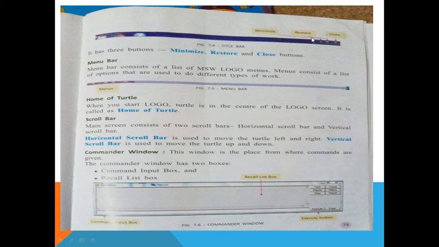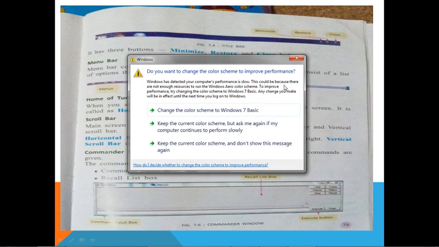Menus consist of a list of options that are used to do different types of work. See here, this one line is there. It is the menu bar. So come down, home of turtle. When you start Logo, the turtle is in the center of the Logo screen. It is called the home of the turtle. See, the triangle shape is in the center when you start Logo.